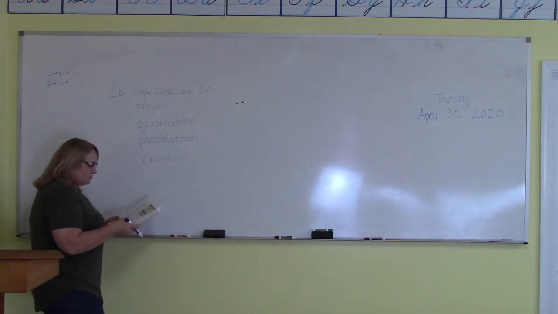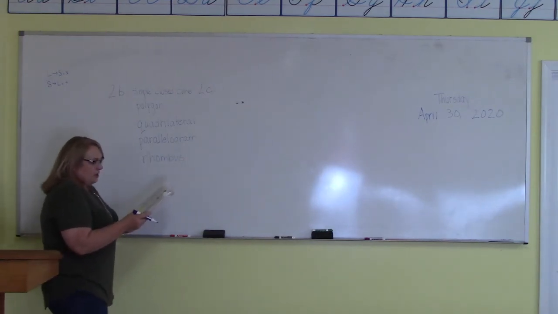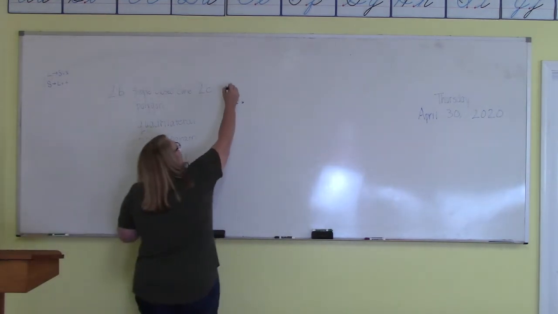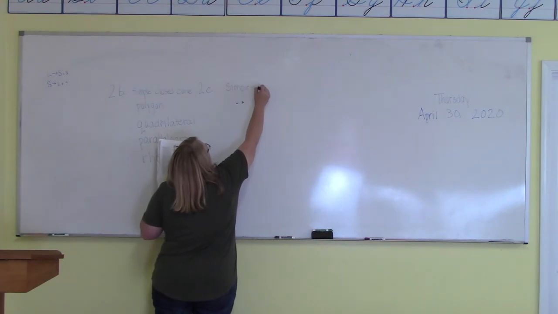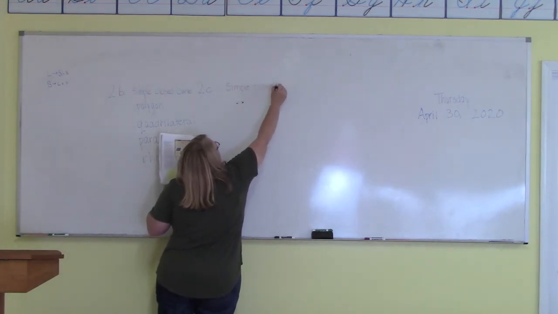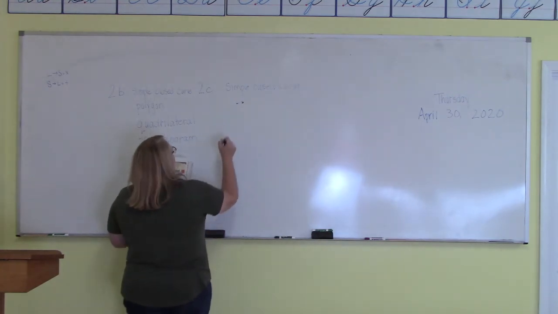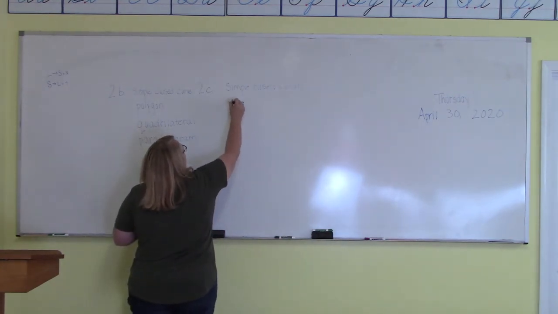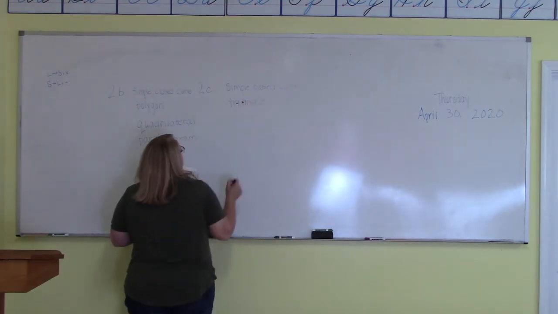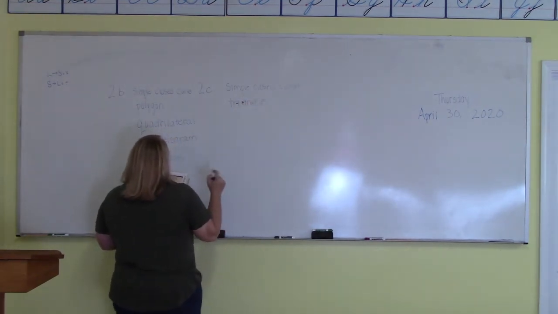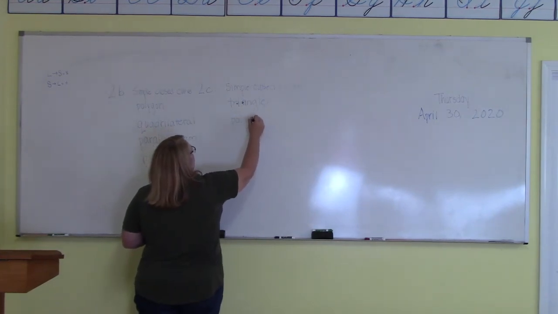Okay. C, the triangle. We know that a triangle is a simple closed curve. It has 3 sides, so it is a triangle. It uses line segments to create it, so we know that that is a polygon.